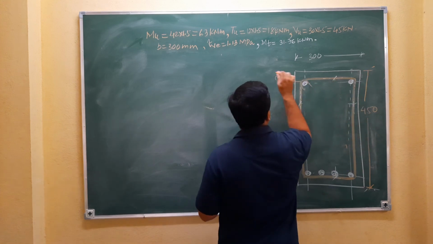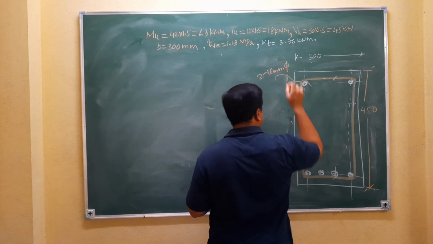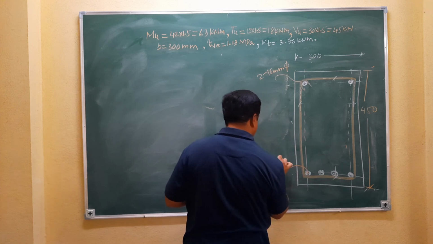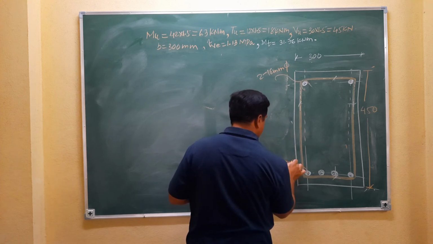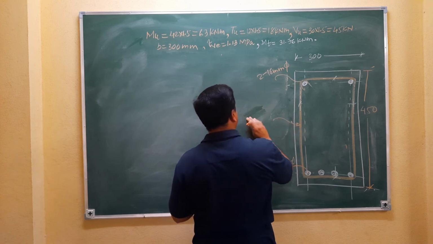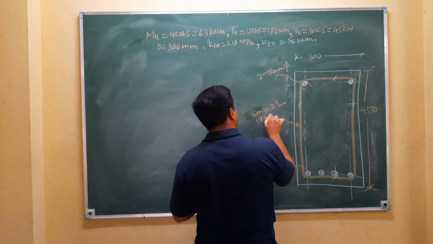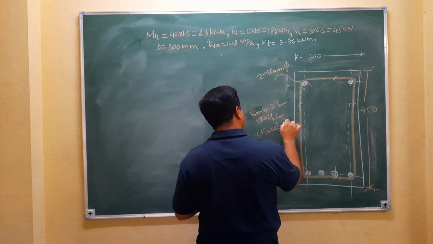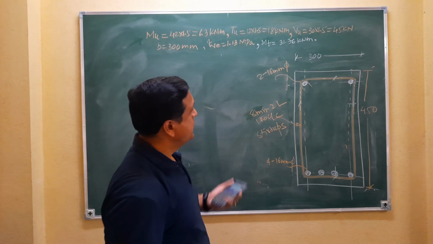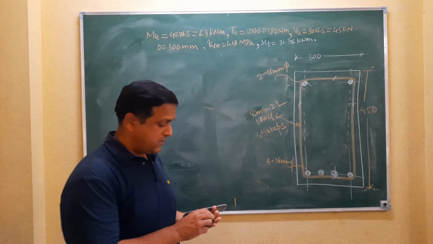These are the two bars of 16 mm diameter. These are the 4 bars of 16 mm diameter for the tension steel. This is the 8 mm two-legged stirrups at 140 center to center. So this is the total reinforcement details.